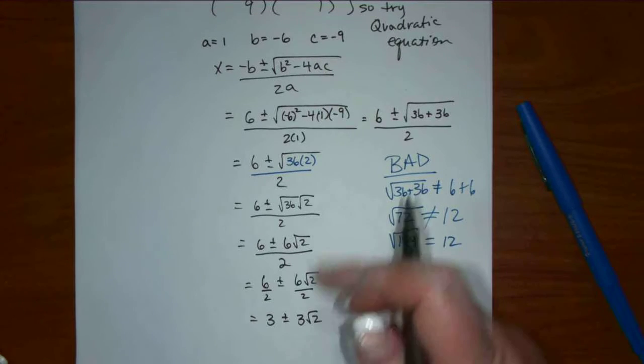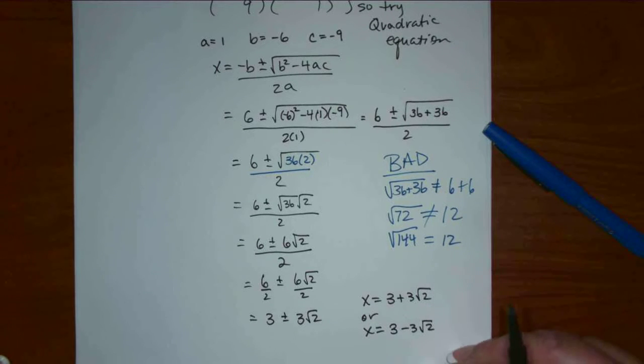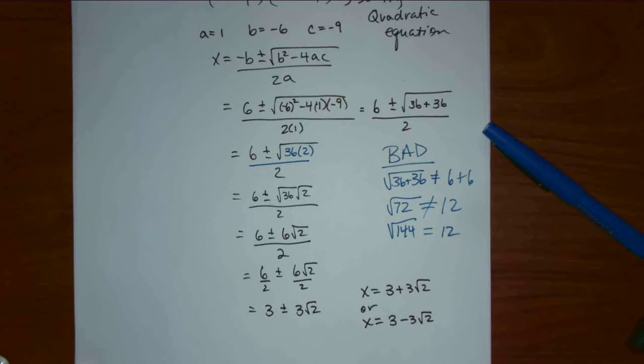now if you didn't simplify the 72 and left it as root 72, you're not really going to lose marks. Okay? But when we go to graph these things and you have to guess what it's equal to, it might be easier to guess like this, or it might be easier to guess leaving it as a 72.